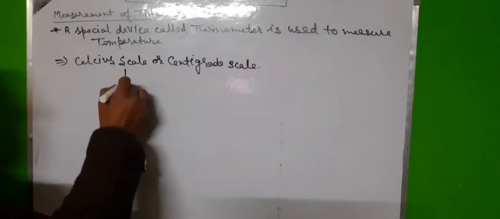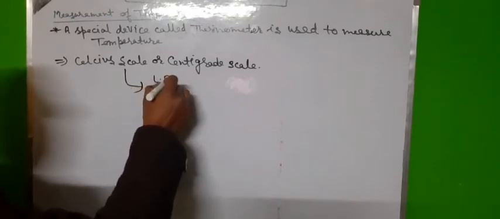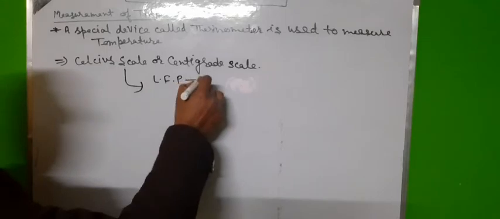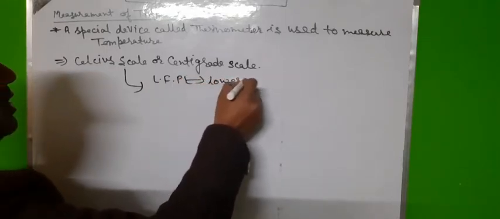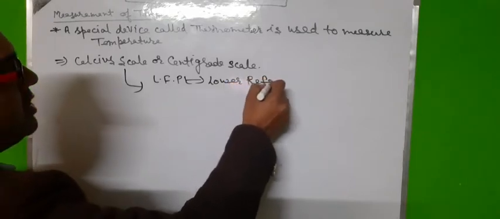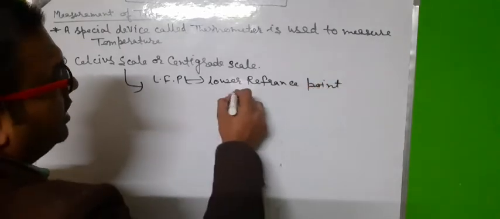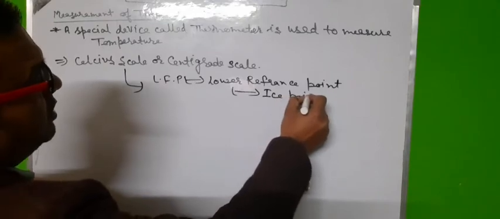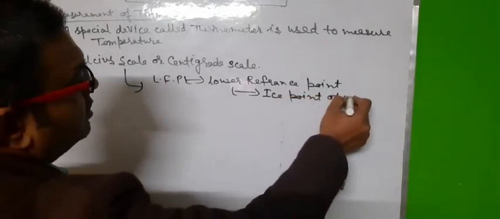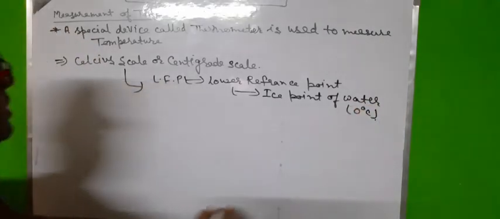And in this scale, two standard points we fix, that is the lower fixed point, which is called the lower reference point, and it is the ice point of water, and it is 0 degree Celsius.